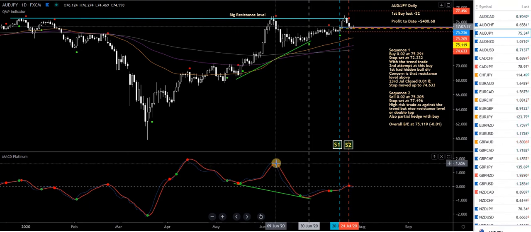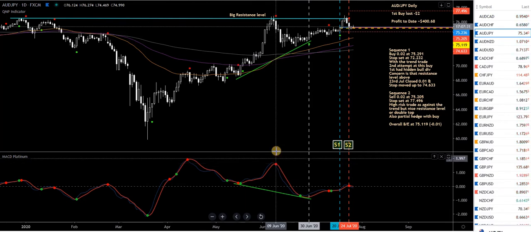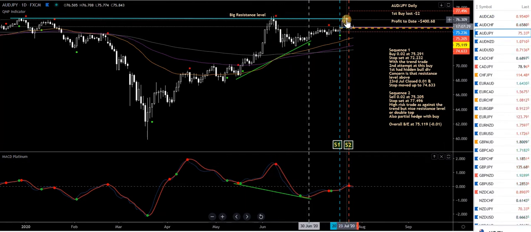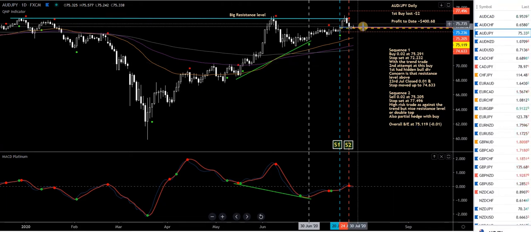You can even call it out as a divergence. MACD Platinum's a long way up on this high, and the same high here, MACD Platinum didn't go anywhere near as high. So divergence, double top. We're looking all right.